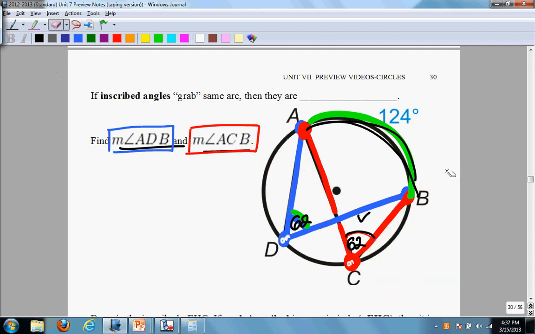So take a look. The red and the blue angle, the measure of this was 62 degrees. The measure of the red was also 62 degrees. Notice the blue and the red grab the same arc. If they grab the same arc, they must be congruent.